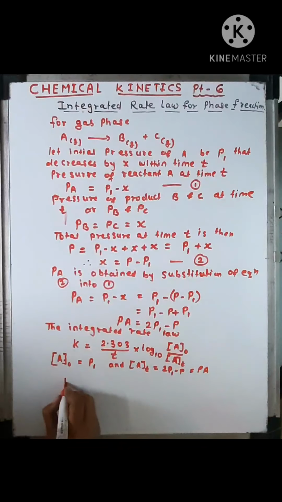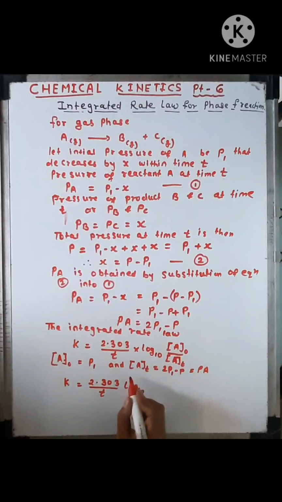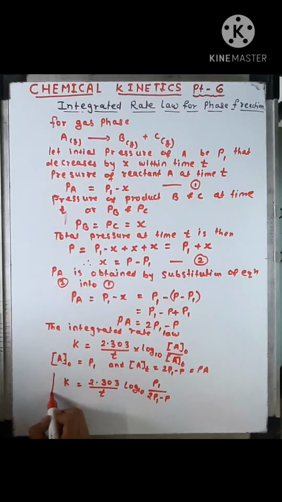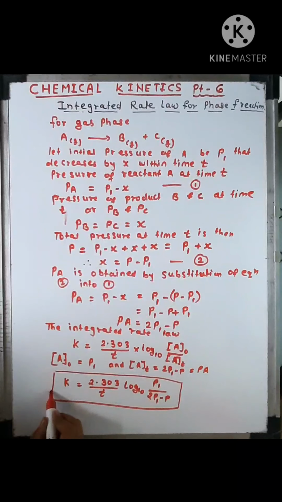Then put these values of A0 and At in this equation. We get K is equal to 2.303 upon t into log of base 10 of initial pressure P1 upon 2P1 minus P. And this is the integrated rate law for gas phase reaction.